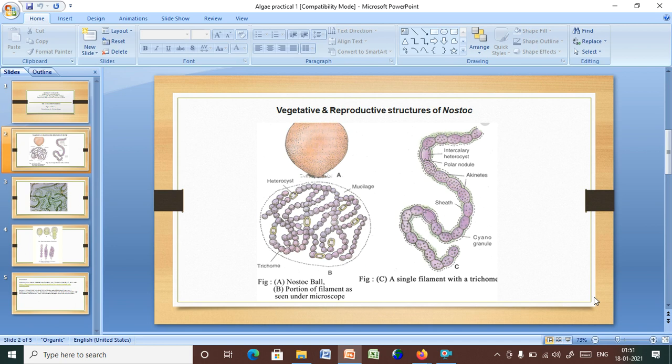Firstly, I want to mention that these are freshwater or terrestrial algae and also found abundantly in paddy fields, and some of the terrestrial ones grow on moist soil mixed with other plants like mosses, lichens, etc. And in some cases, they are also found as independent ones, and in some cases, they also occur as endophytes with some other plants.